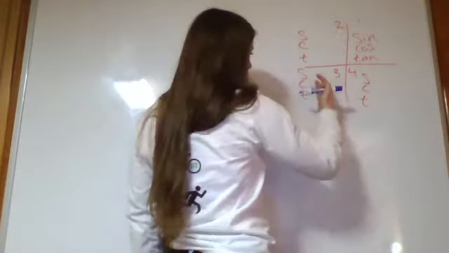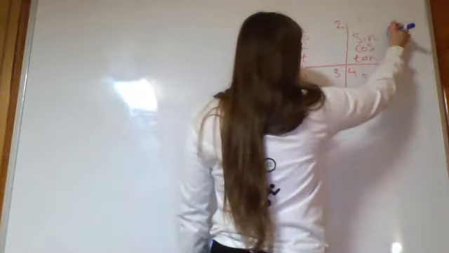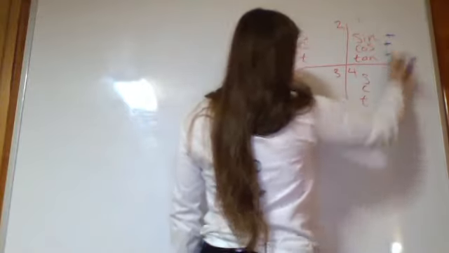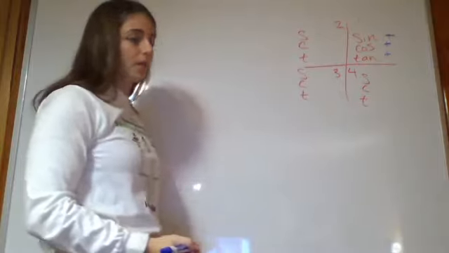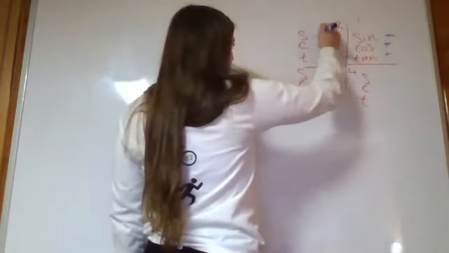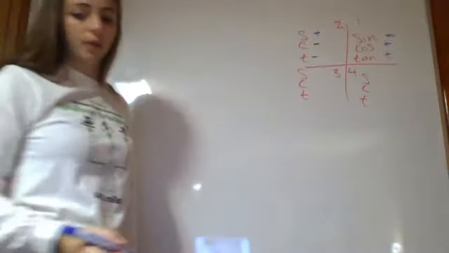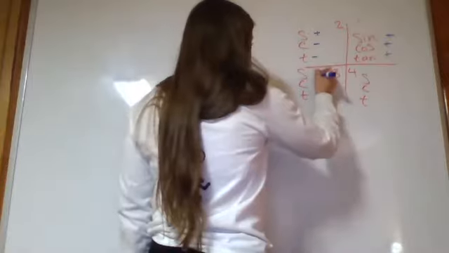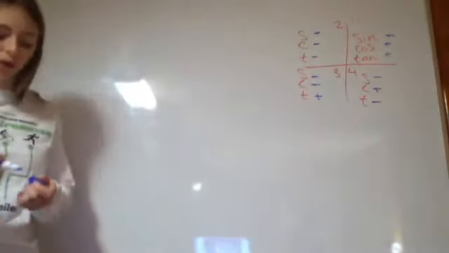Students, only sine is positive, the other 2 are negative. Take is T, so tangent is positive, the other 2 are negative. Calculus is C, so cosine is positive, the other 2 are negative.